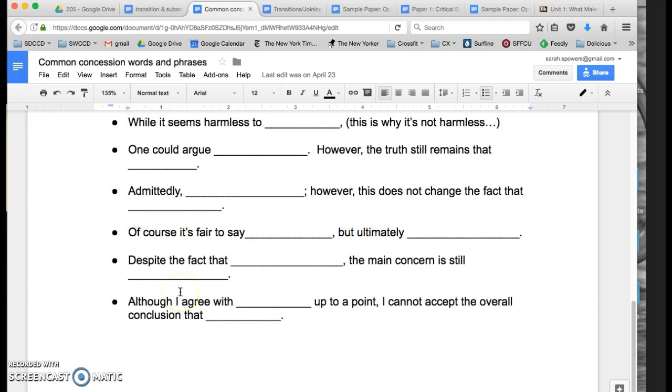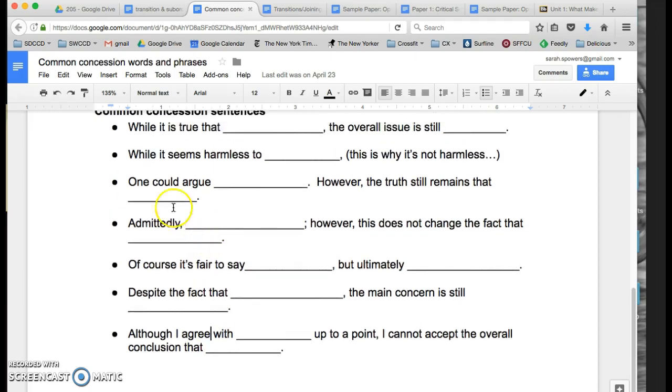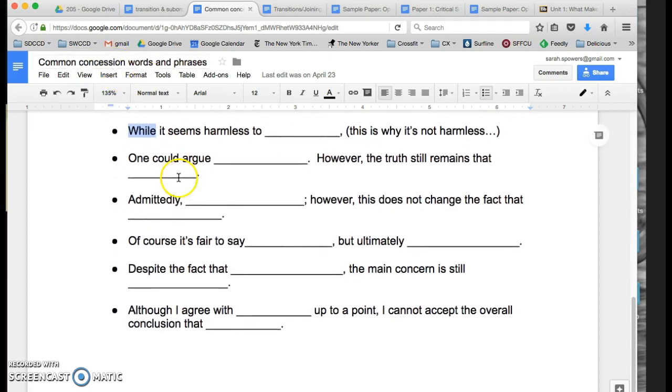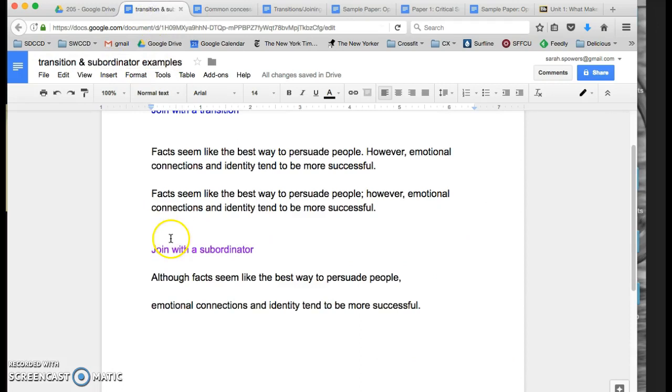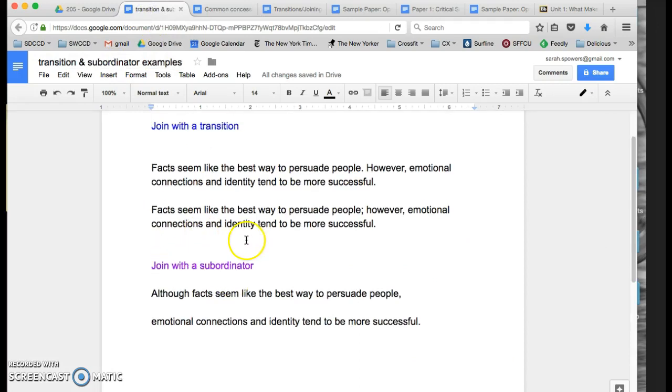So these don't necessarily have to have one of those types of joining words. Sometimes they don't, but they often do. So I'm combining this in your quiz. So you will need to think about using a transition successfully in a concession, using a subordinator successfully in a concession, as well as just using transition words and subordinators correctly in general.